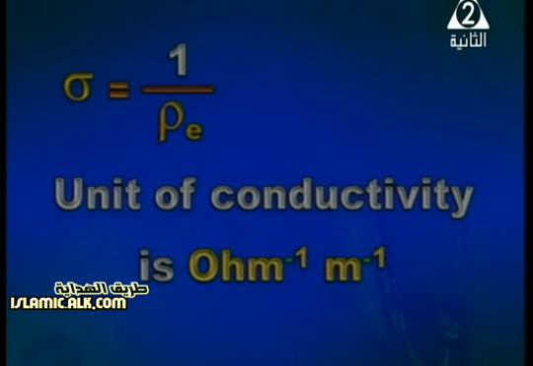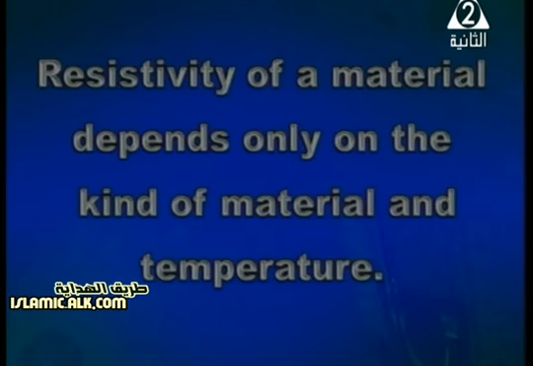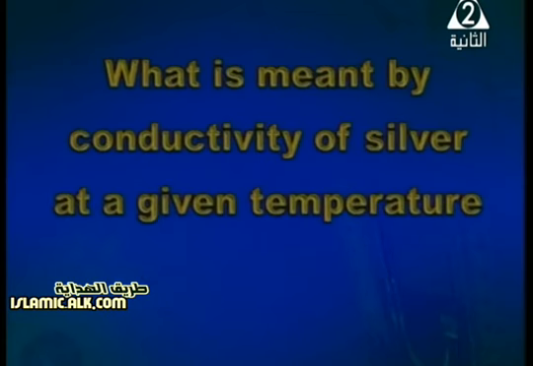Resistivity equals 1 over conductivity. So rho equals 1 over 6.173 times 10 power 7, which is 1.62 times 10 power negative 8 ohm meter. Now we can say the resistance of a wire of silver 1 meter in length, 1 meter squared in cross-sectional area at that temperature is equal to 1.62 times 10 power negative 8 ohm.